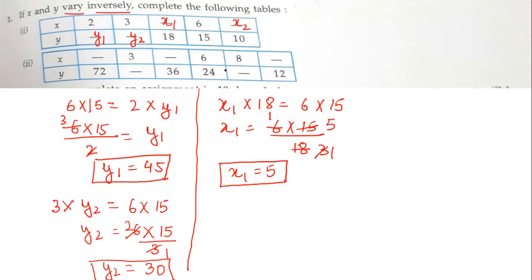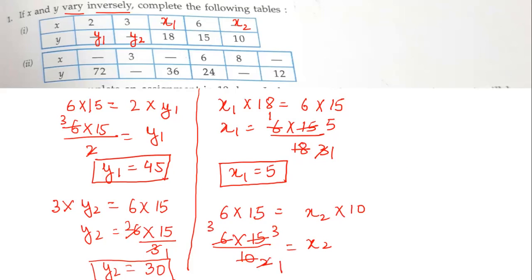What about this one? 6 into 15 is equal to x2 into 10. So x2 is 6 into 15 by 10. Here you will get 3, here 2, here 3, here 1.